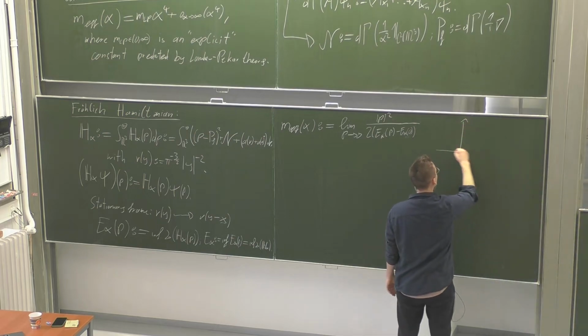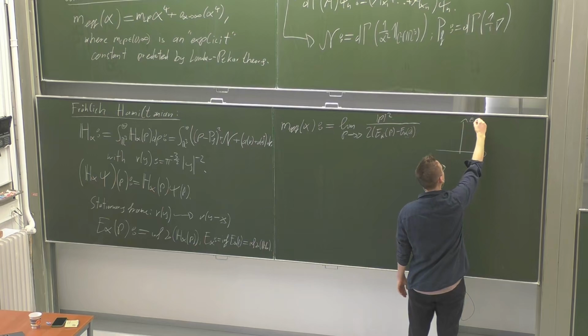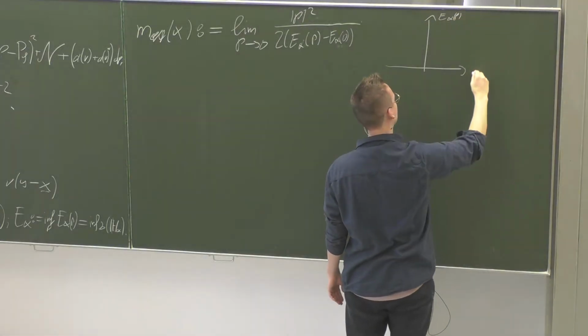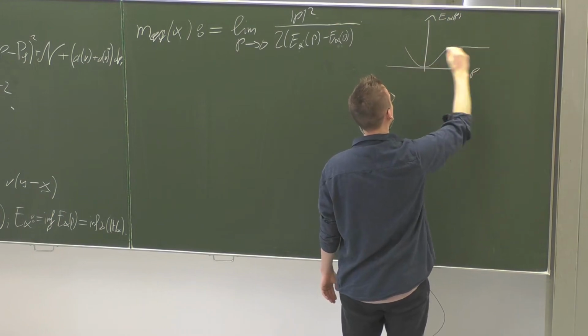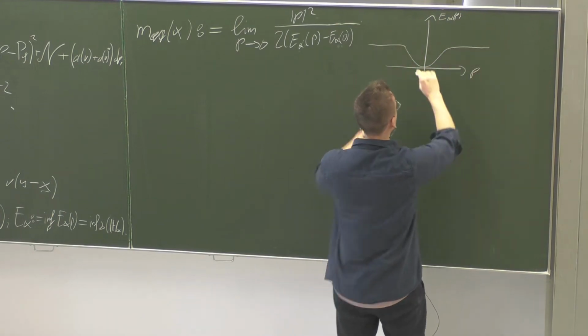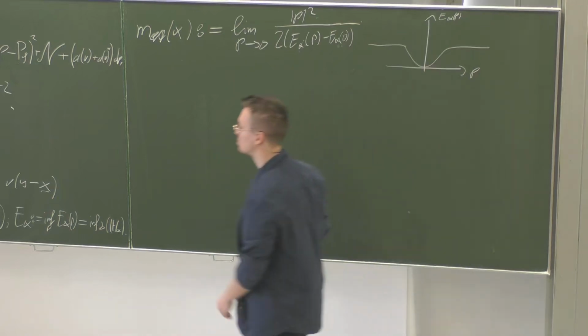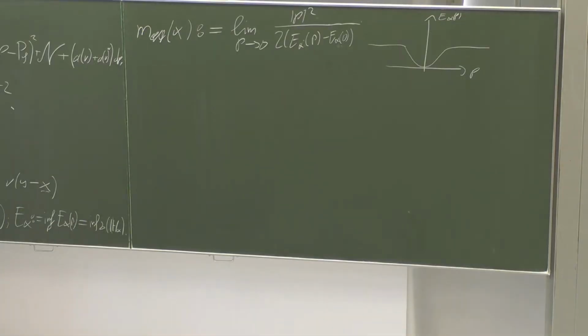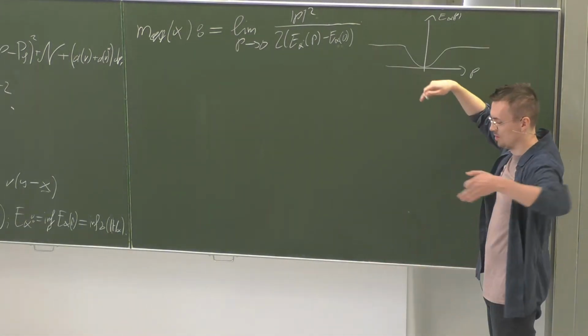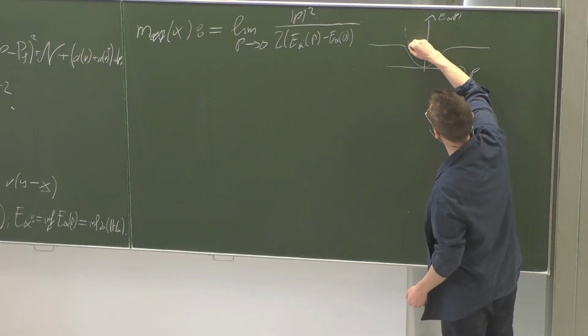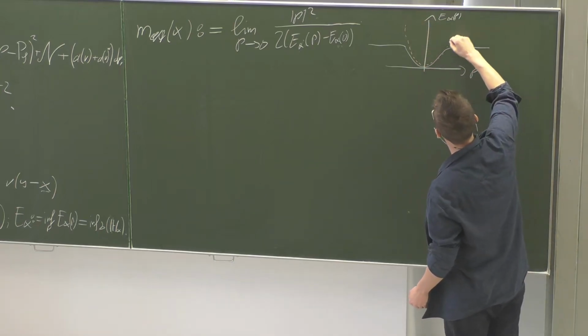And maybe let me also draw a little graph of what is happening here. So here I want to plot the ground state energy as a function of p, and it actually looks like this. It's like a nice parabola shape, and then it gets flat. And now the thing that this effective mass tries to do is, we just want to optimally fit a true parabola into this picture.